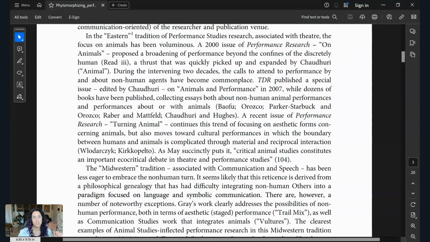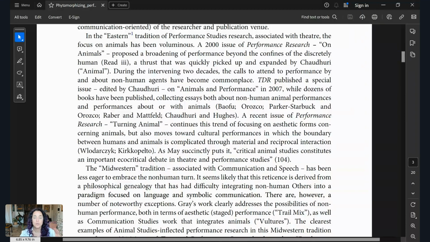In the Eastern tradition of performance studies research associated with theater, the focus on animals has been voluminous. A 2000 issue of Performance Research on Animals proposed a broadening of performance beyond the confines of the discretely human, a thrust that was quickly picked up and expanded by Chaudhuri.